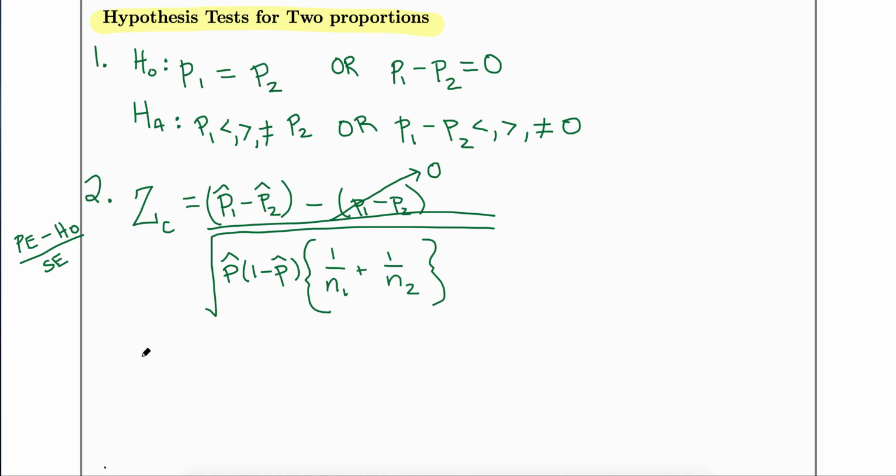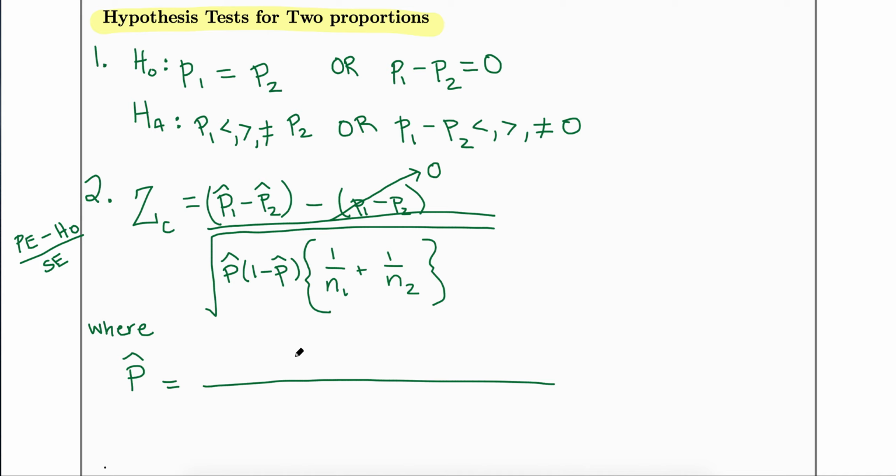And I just want to take a moment to say, how do we find this p hat, this common proportion? To find this p hat, where p hat is going to be the number of successes in both groups. So we're just calculating one overall proportion instead of two separate ones.